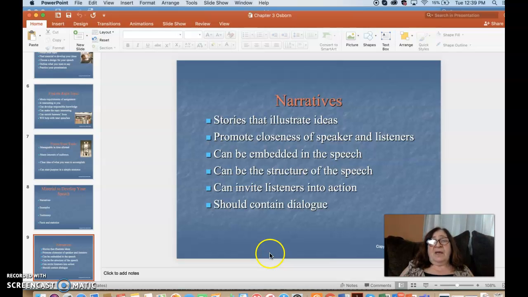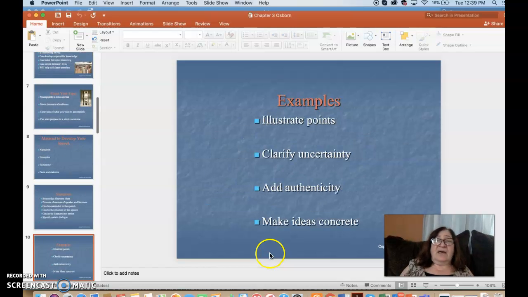They make you closer to your listener, and they can be part of your speech very naturally, very organically. It helps the structure of the speech. It pushes it forward. Sometimes you have narratives that invite your audience to participate, maybe ask a question. And your narratives usually contain dialogues, which are always a way to make your performance more lively.